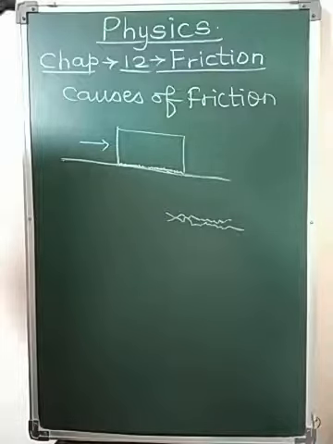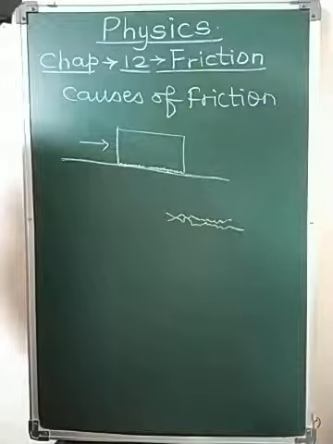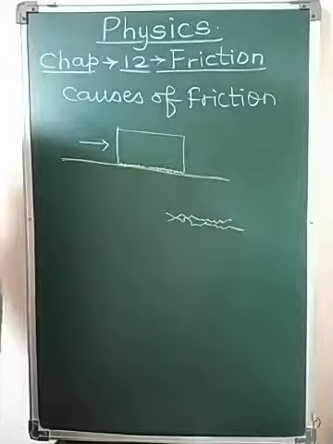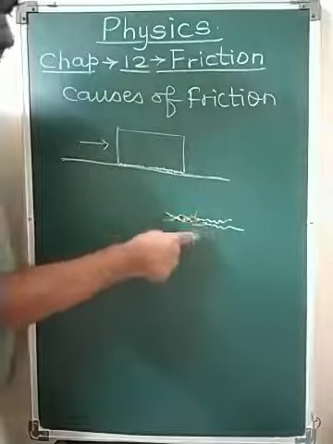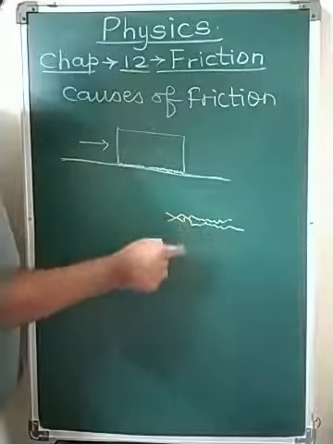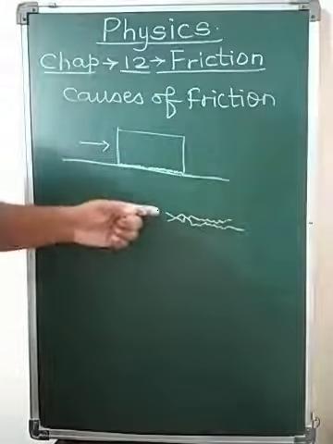Friction is caused because of the roughness and irregularities of the surfaces of the two objects in contact. When rough surfaces brush against each other, their irregularities come in contact. Many of these irregularities interlock. This increases friction between the surfaces. So these irregularities interlock with each other and friction is caused. This is the main cause of friction.